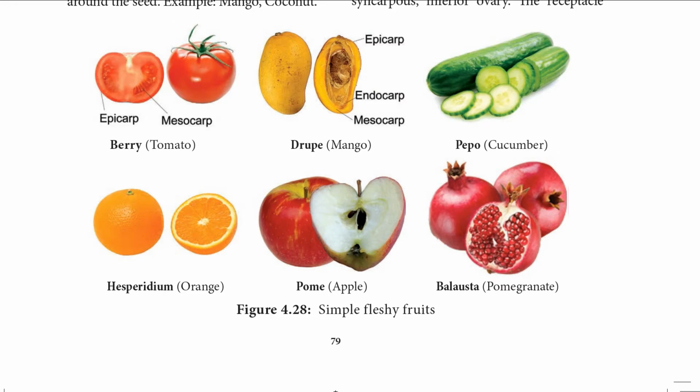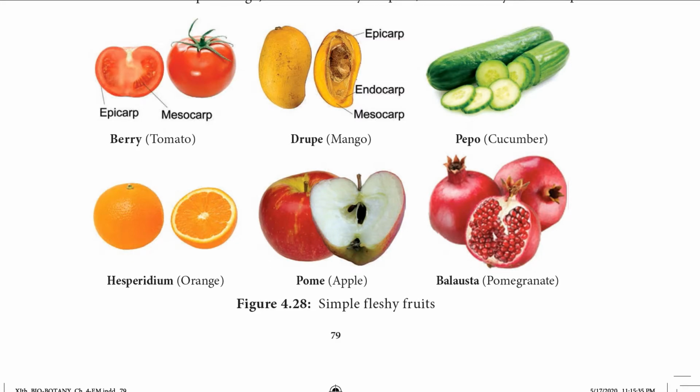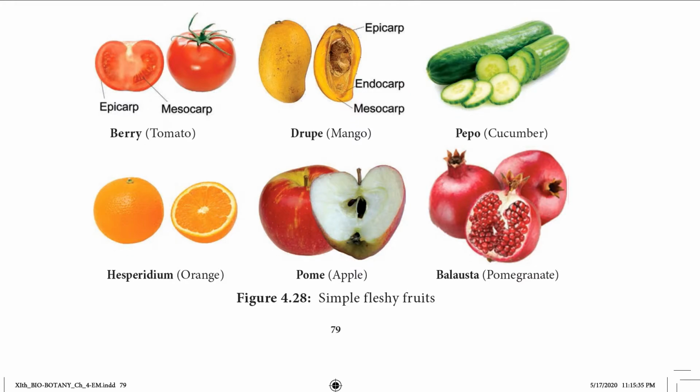So what we peel off from the orange with the oil glands is the epicarp, and the middle fibrous mesocarp, that is the skin like structure which we take out from the orange fruit, is the mesocarp, and the endocarp forms distinct chambers, and this contains the juicy hair. Examples: orange and lemon.